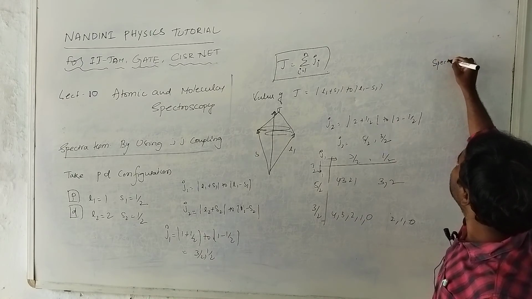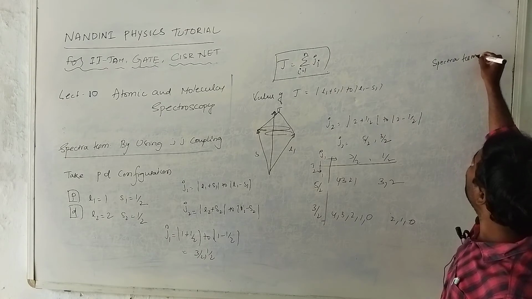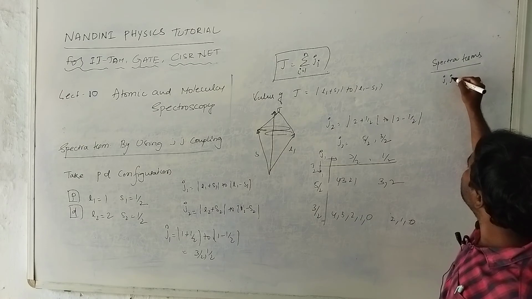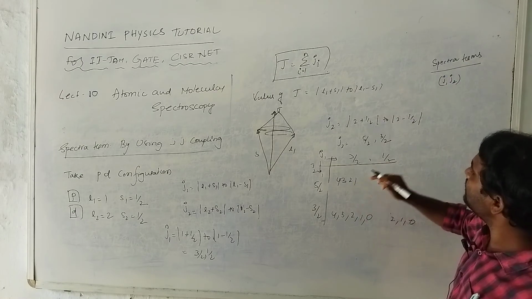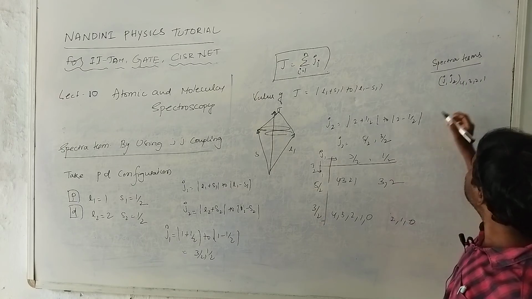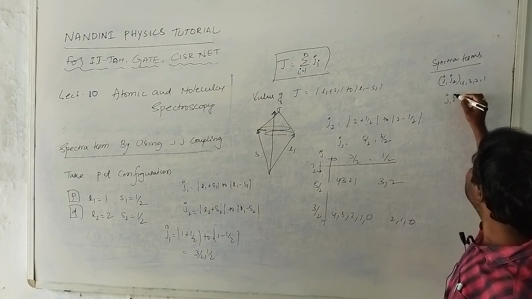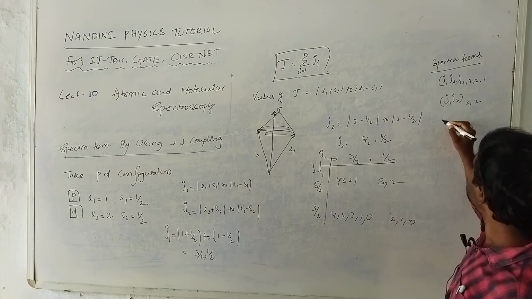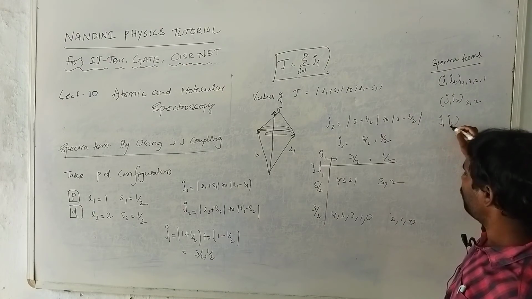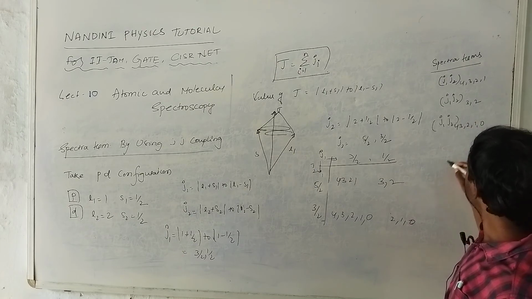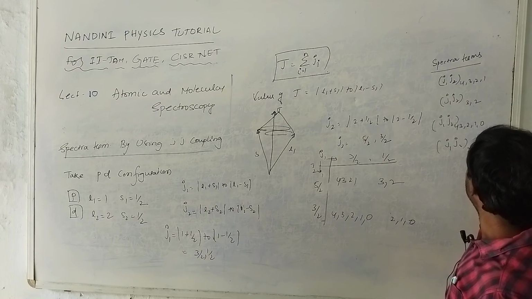For the first J1, J2 case the values are 4, 3, 2, 1. For the next case, J1, J2 is 3, 2. For the next case, it is 4, 3, 2, 1, 0. And in the last case, J1, J2 is 2, 1, 0.